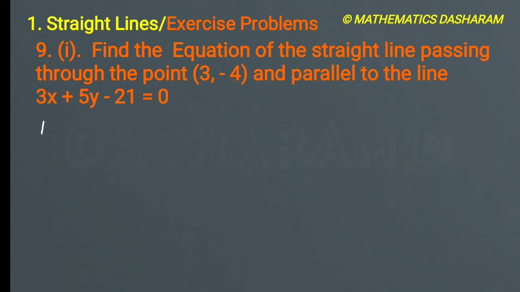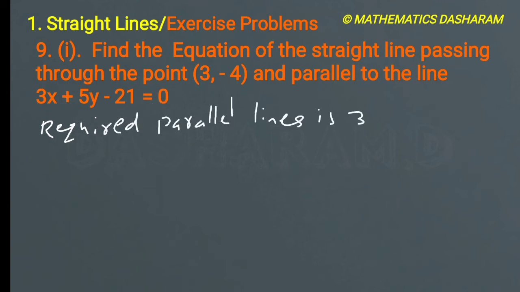So the required line parallel to 3x plus 5y minus 21 equals 0: write the x term and y term as they are, just the constant number will be different, so it is k. Let's find the k value. But this line is passing through 3 comma minus 4.